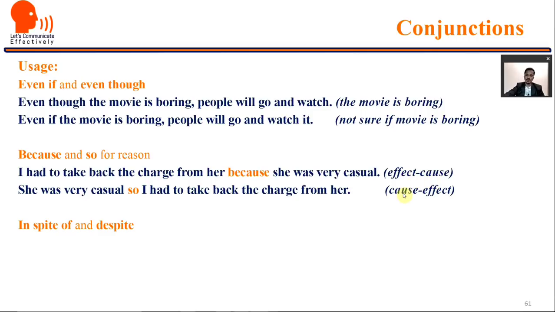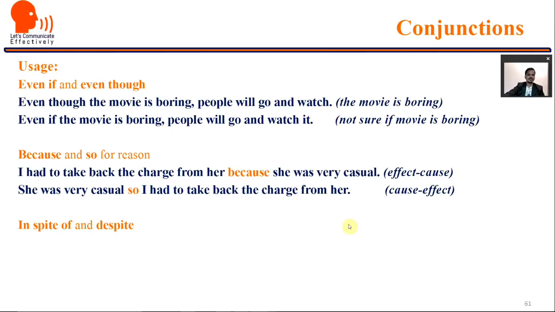If you use cause and effect, then you use so. So here the effect is I had to take back the charge from her. Why? Because she was very casual. Here what is the cause? She was very casual, so the effect is, I had to take this decision to take back the charge from her.